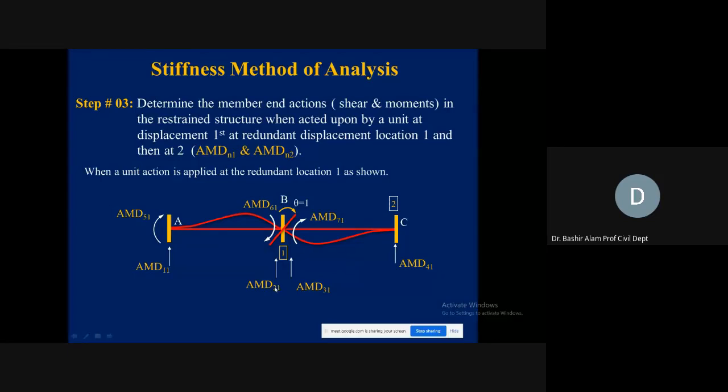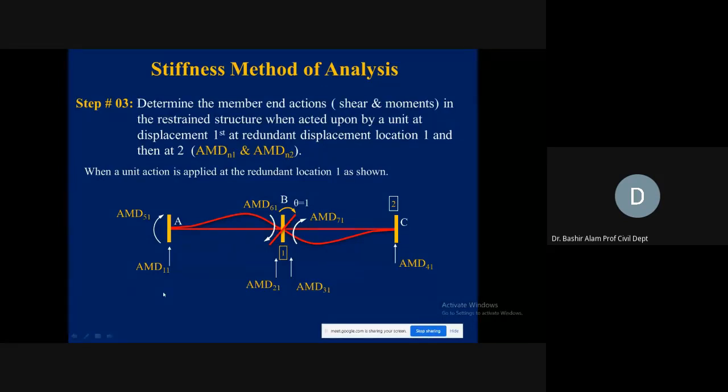This is coming from AM2. This 1 is coming from this location, where we have the application of the unit displacement corresponding to the redundant displacement. Similarly, AMD31, 41, and so on.